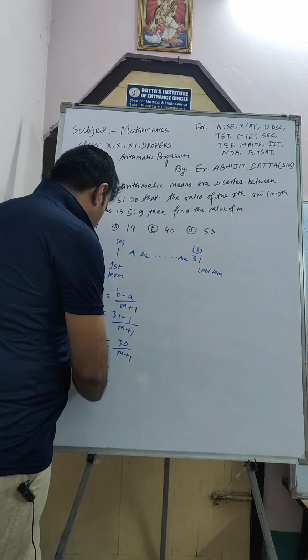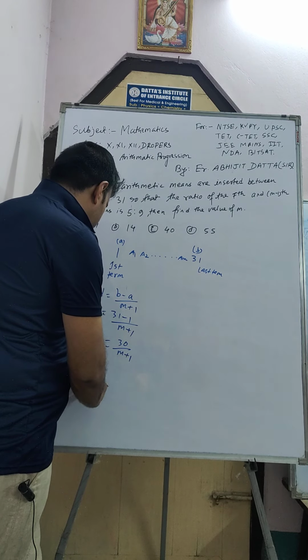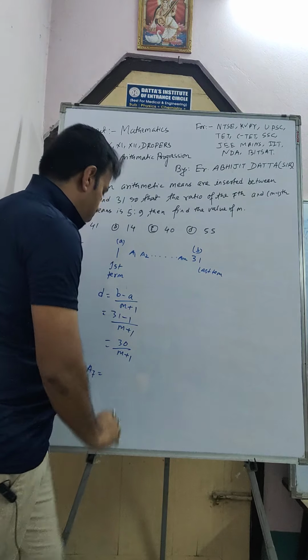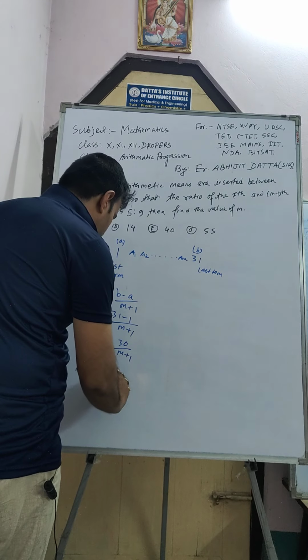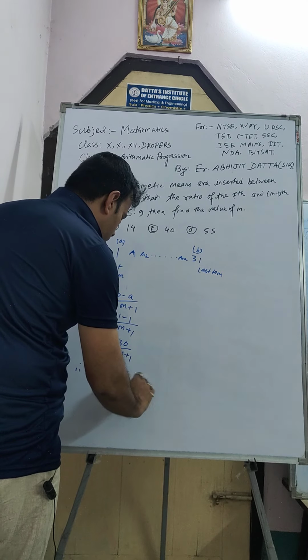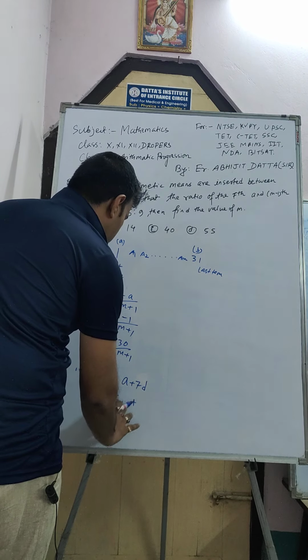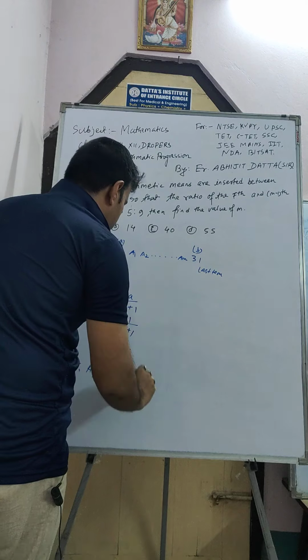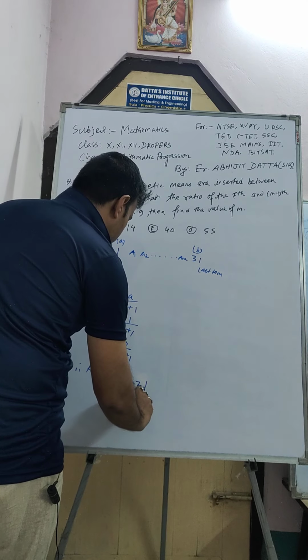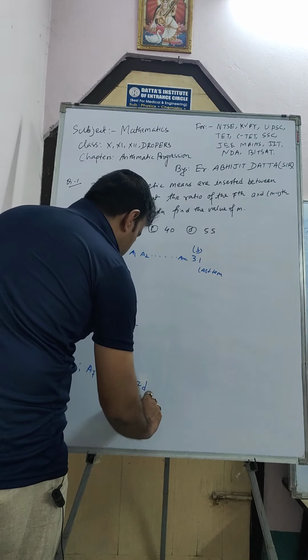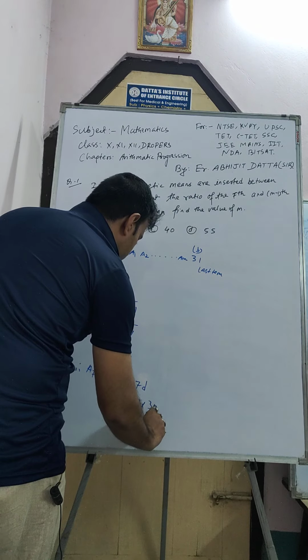Now find out what is a7. A7 means t8. That is a plus 7d. A is here 1 and d is 30 by m plus 1.